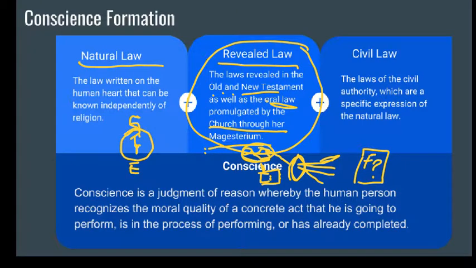But because of the fall, we have concupiscence, which is just that natural human inclination towards sin. So God gave us the revealed law to help us better apply reason. There are certain things that, because of concupiscence, we would be drawn to, but God clearly elucidates for us that no, that is wrong.